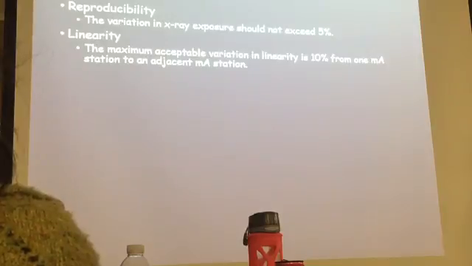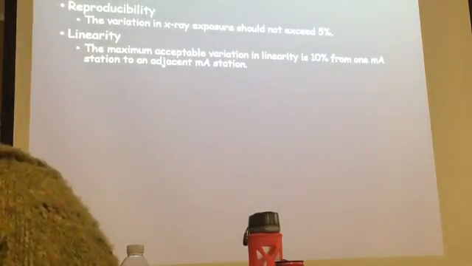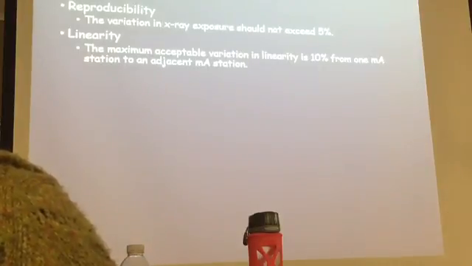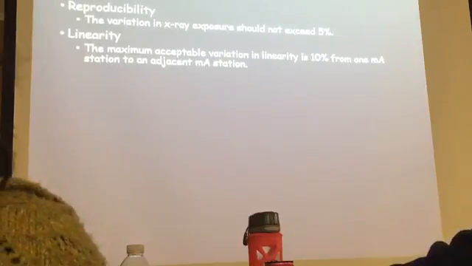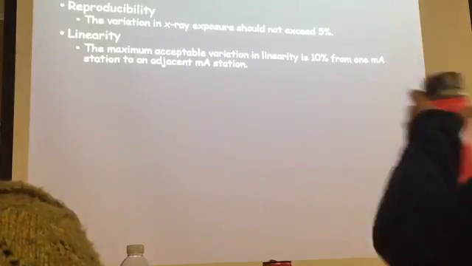So higher than 10% is not acceptable. What happens if it's not within 10%? Well, the physicist will discover that, and then he'll give a report to management, and they need to take care of it. They need to call the company, the manufacturer. In some cases, it is required to replace the X-ray tube.